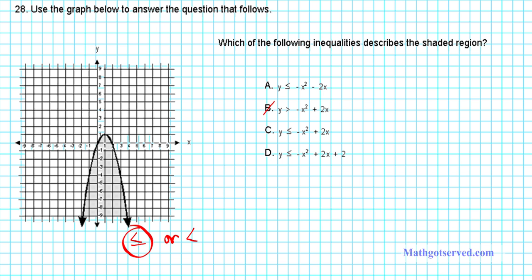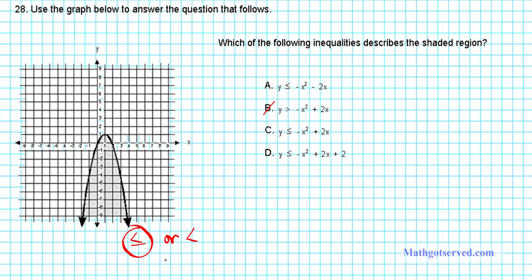Or an even easier way to do this problem is to pick a nice point that falls on the coordinate grid and is also on the curve, and plug it into these inequalities here to see if it satisfies it. Or you can even pick any point in this region right here.